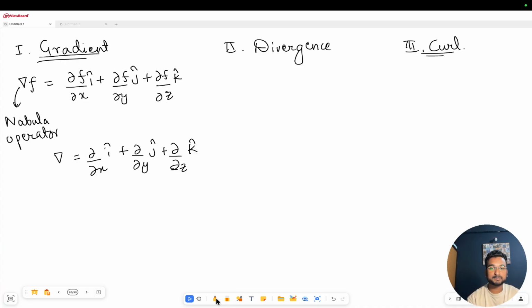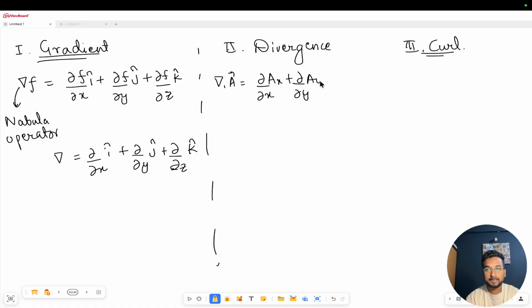Next, what is divergence? The formula for divergence is del by del x ax plus del by del y ay plus del by del z az. This will tell you how much the vector field is diverging from a given point, how much scattering is there in that vector field. So it will tell you the divergence of a vector field.